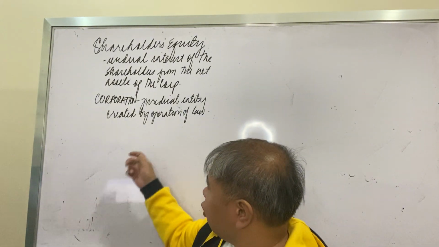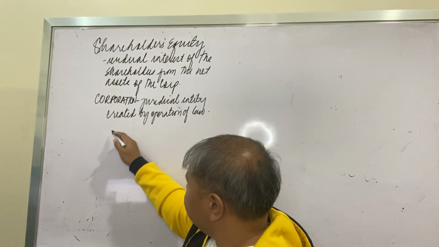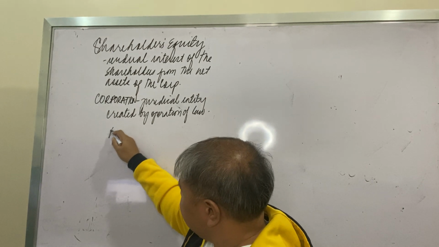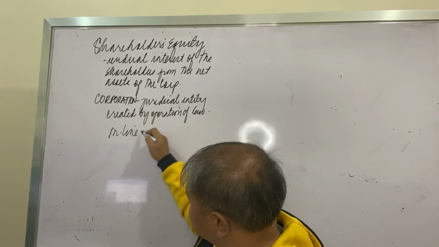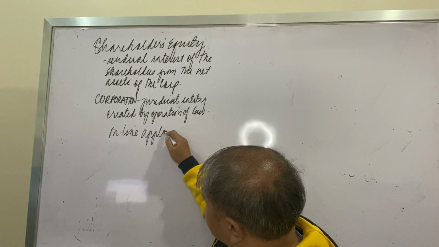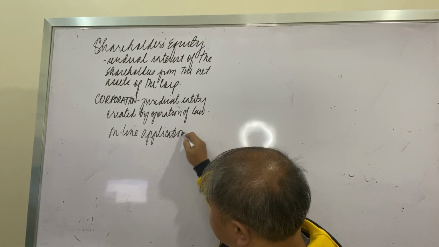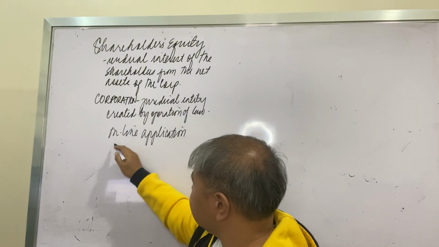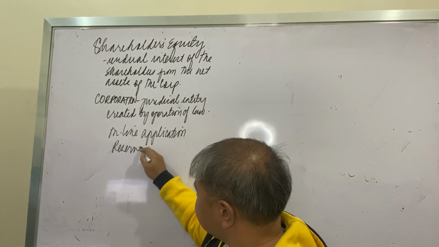So how do you register a corporation with the SEC? First and foremost, the company will have to go online for the application with the SEC. There's an online application, and part of it is, of course, to reserve the name of the corporation.